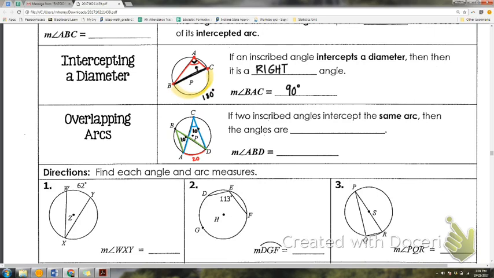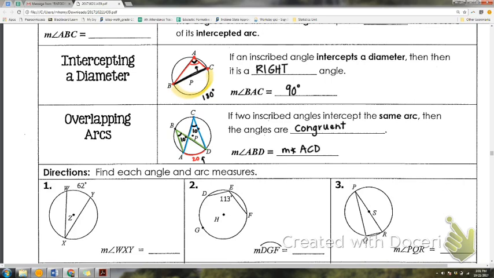The angles are congruent, or the measures are equal. These two angles are the same because they open up to the same arc. So the measure of angle ABD equals the measure of angle ACD.